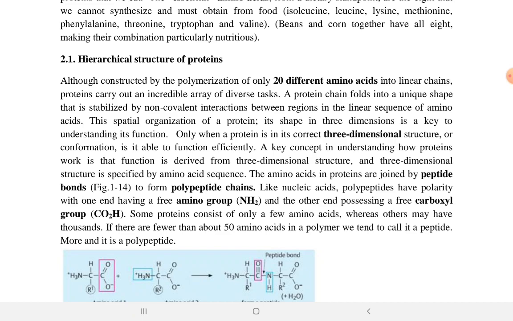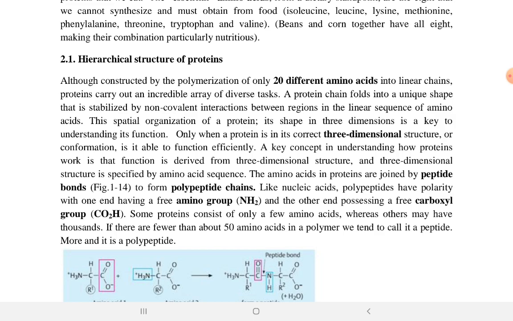The amino acids in proteins are joined by peptide bonds. The bond is found between 2 amino acids, which come from the monomer, and then many monomers become the polymer. The polymer is what you call protein, and the bond between those monomers is what you call a peptide bond, forming a polypeptide chain like nucleic acid.